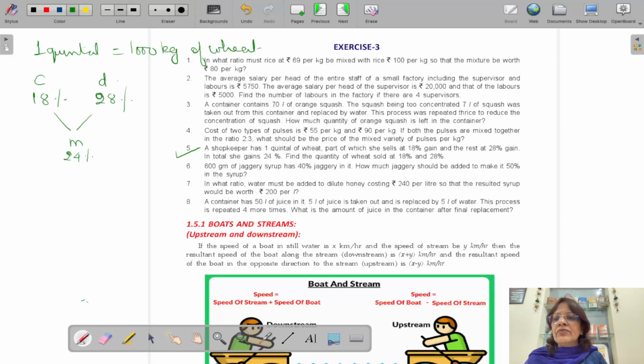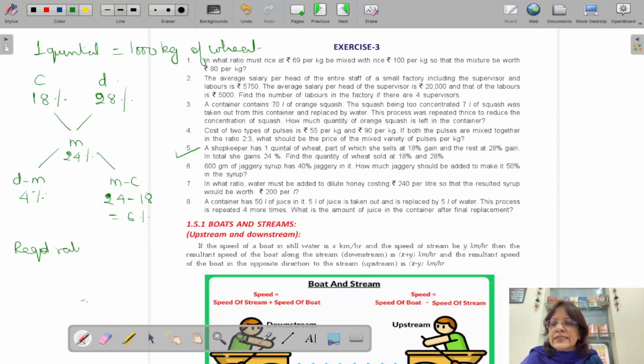So first here we find out D minus M, that is 28 minus 24 is 4%. And here we write M minus C, that is 24 minus 18, which is equal to 6%. First we'll find the required ratio.